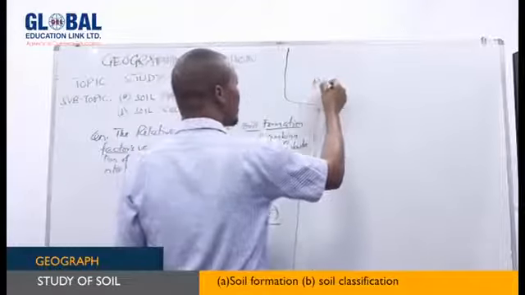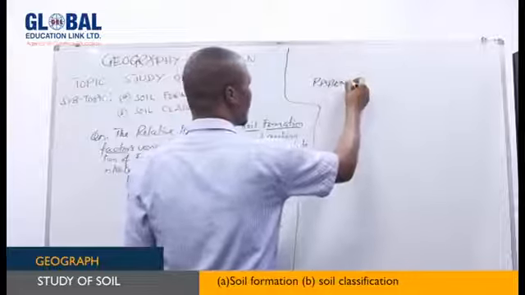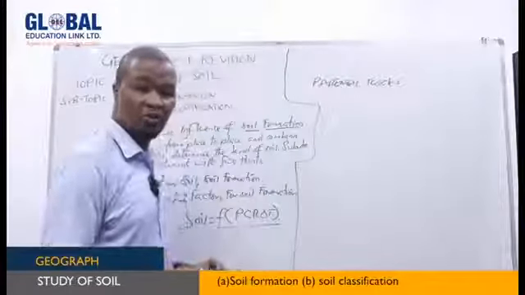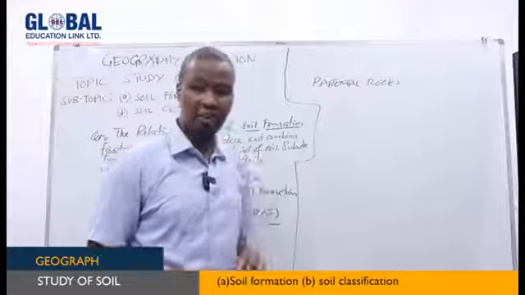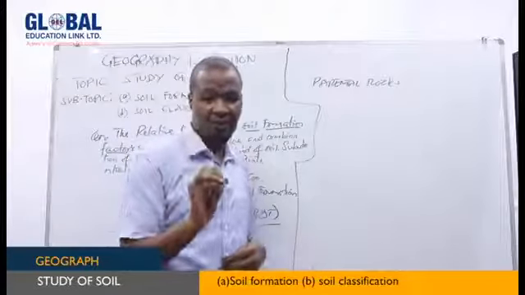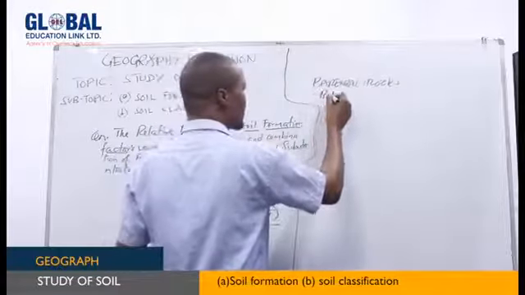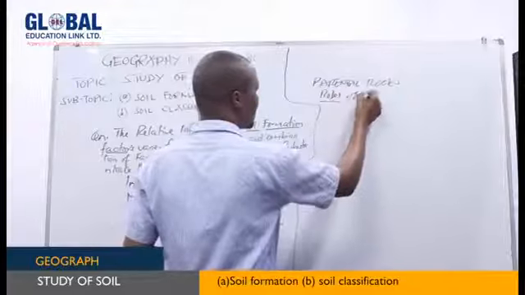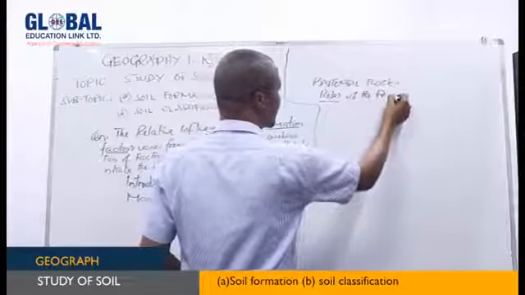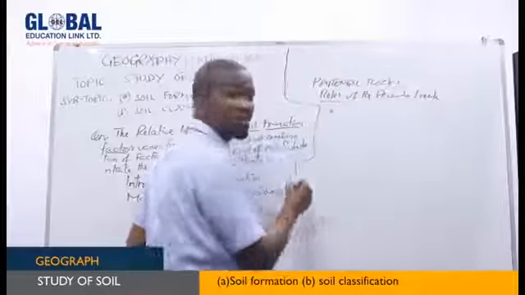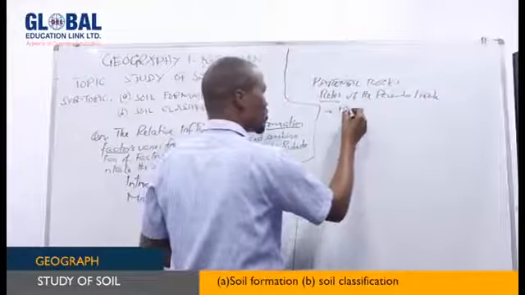Parent rock refers to the rocks which give the origin of the soil. It owns the life cycle of the soil in general. So the roles of the parent rock: it helps to determine the mineralogical composition.